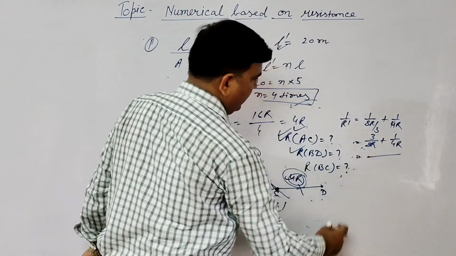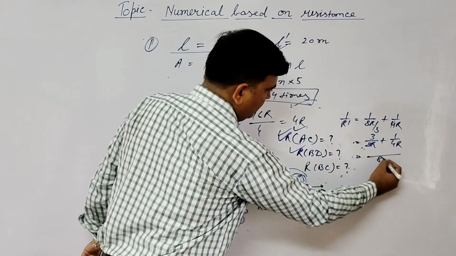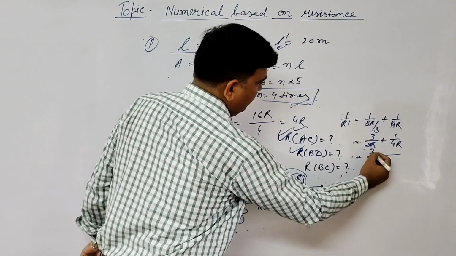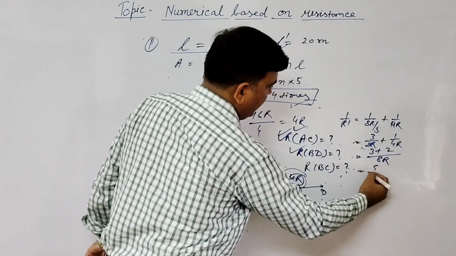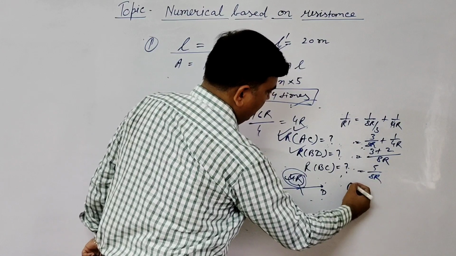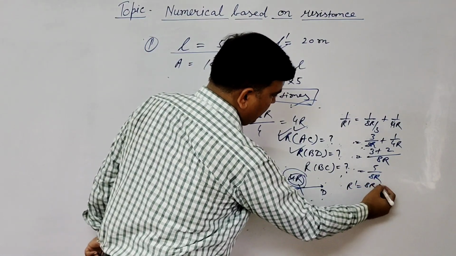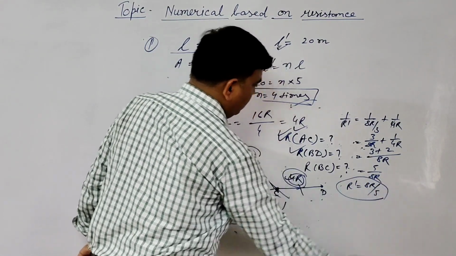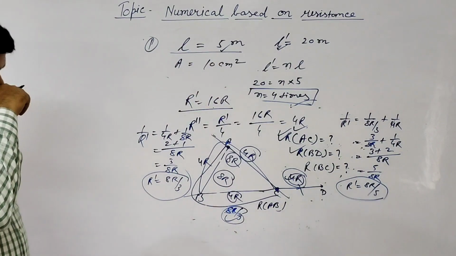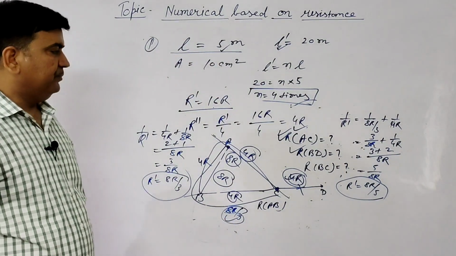And find out the equivalent resistance. The LCM is 8R, and it is 3 plus 2, 5 by 8R, and R dash becomes 8R by 5. The equivalent resistance across the points B and D is 8R by 5.